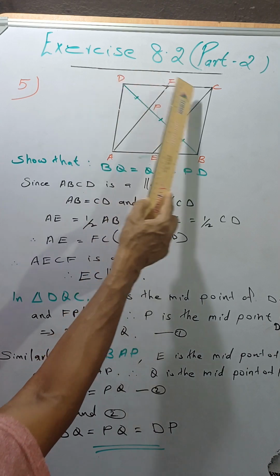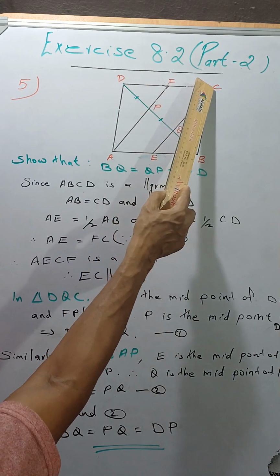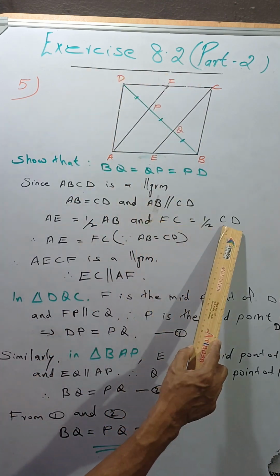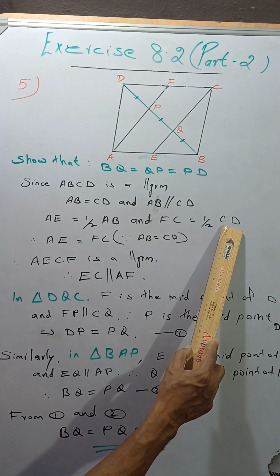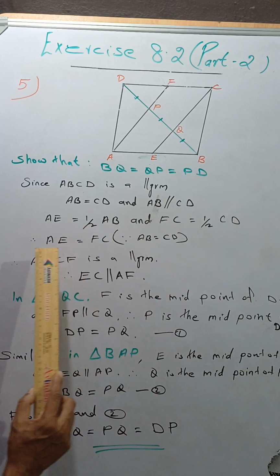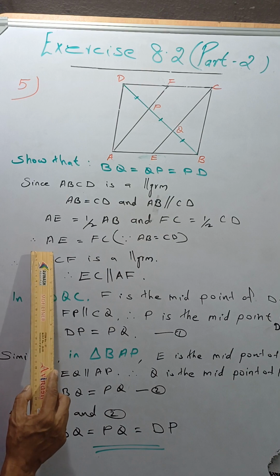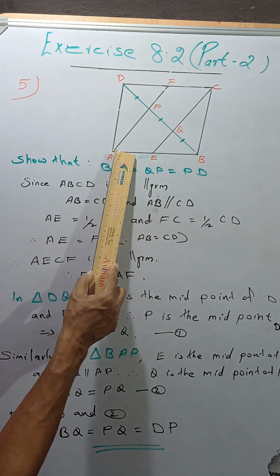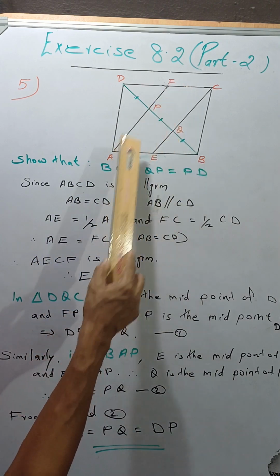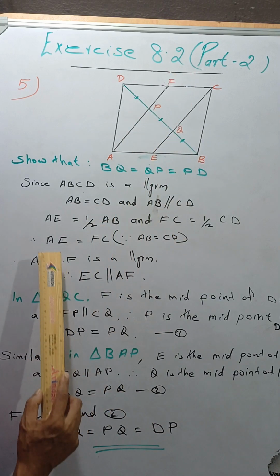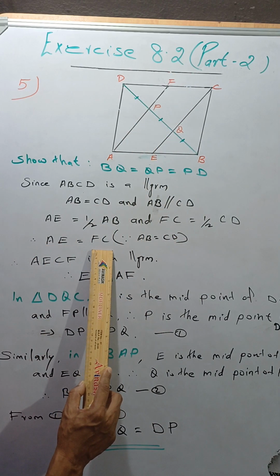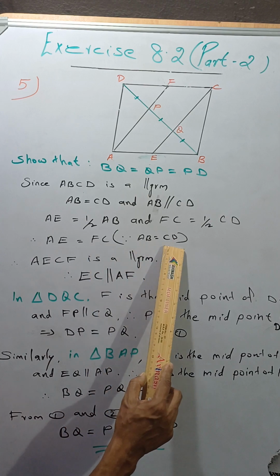Therefore, CF is equal to half of CD. Therefore, AE and CF are equal and parallel, because AB is equal to CD.